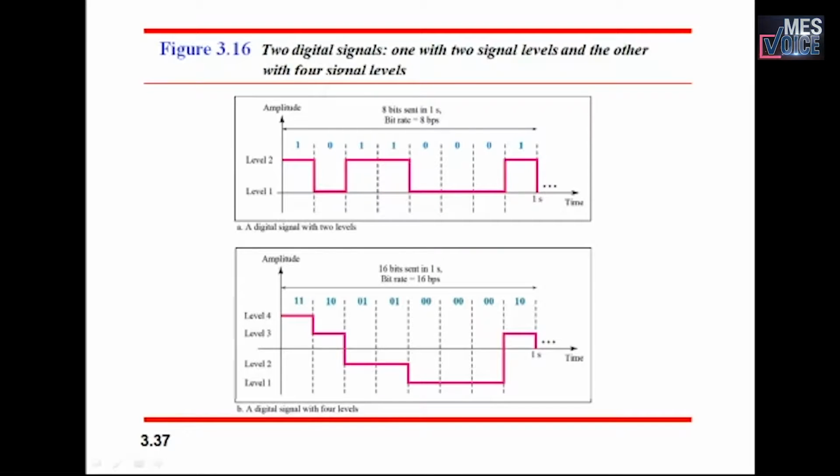The second one, figure B, shows a digital signal with 4 signal levels. Level 1 is representing 0, 0 and level 4 is representing 1, 1. The channel is assumed to send 16 bits in 1 second, which makes the bit rate of this channel 16 bits per second.